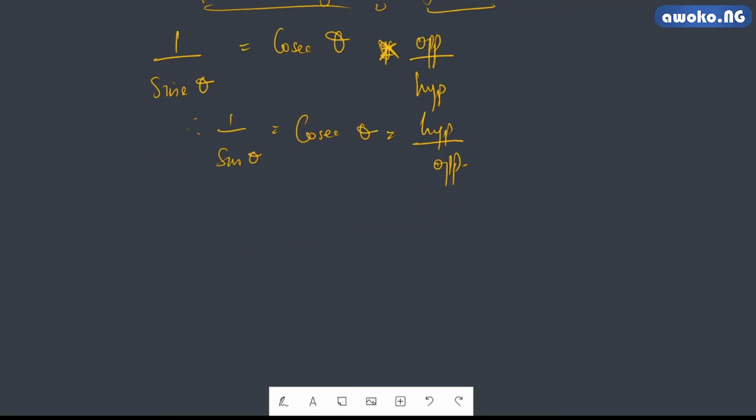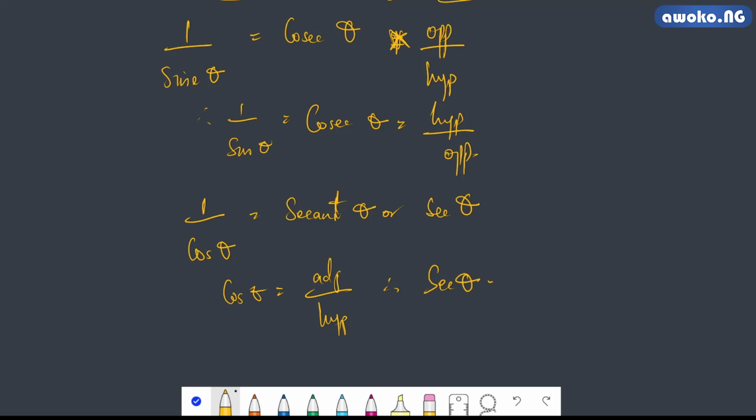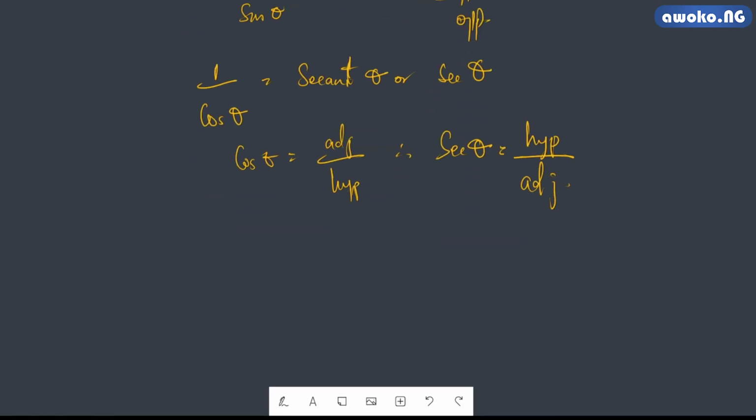Now we can do the same for the inverse of cos theta. 1 over cos theta is secant theta or sec theta. And if cos theta is equal to the adjacent over the hypotenuse, therefore sec theta will be equal to hypotenuse over adjacent. It's that simple.